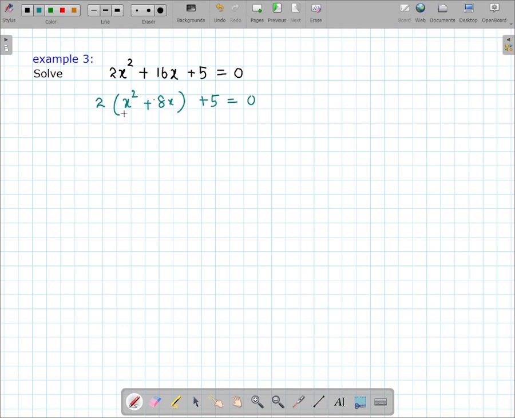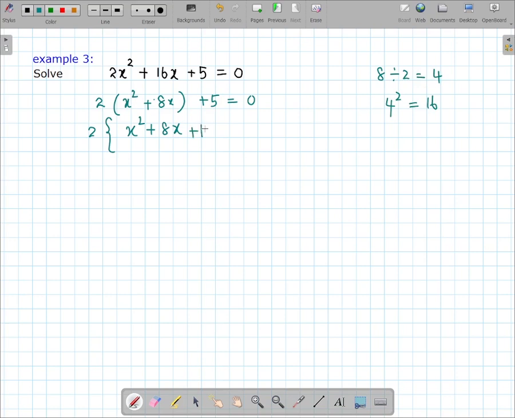Then I take this bracket and write this bracket as a complete square. So 2 outside, I put curly bracket, x squared plus 8x. Then we take linear term coefficient, that is 8, divided by 2, that is 4, then 4 squared, that is 16.